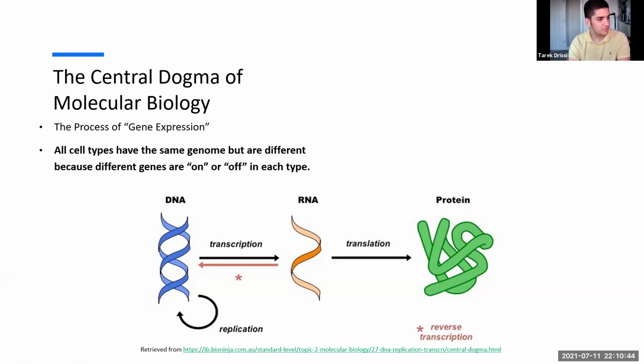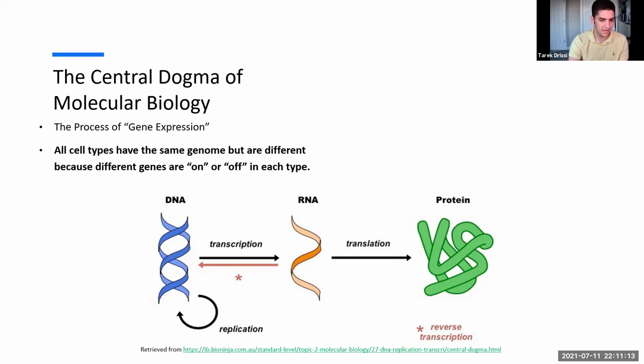They both have the same genome, but they control which genes are on or off in order to make sure each cell has its unique identity. I think right after this slide, I'm going to an example of what I mean by that. And then maybe if you are still wondering, I can explain it. Yeah, so this is the central dogma of molecular biology.